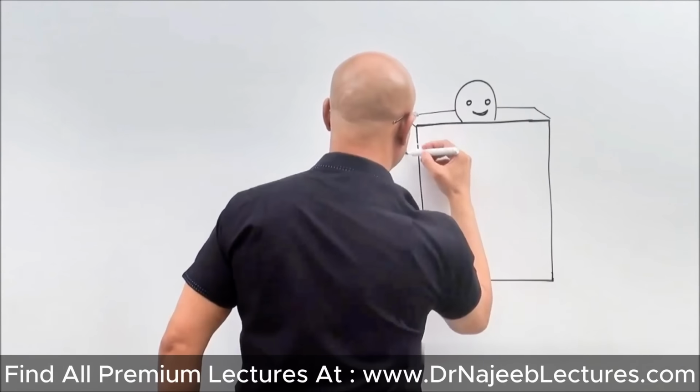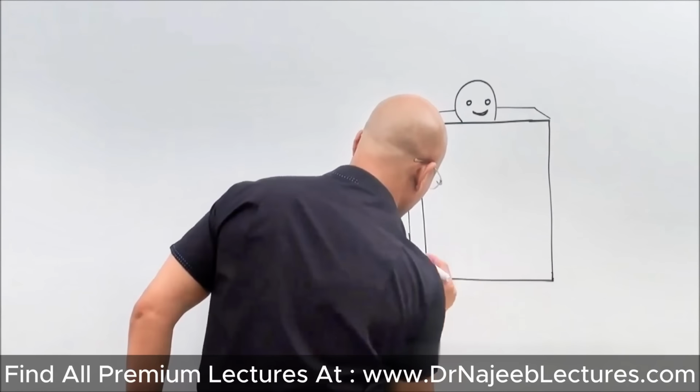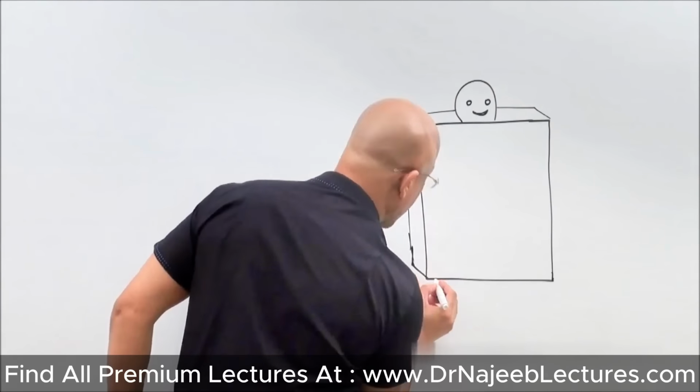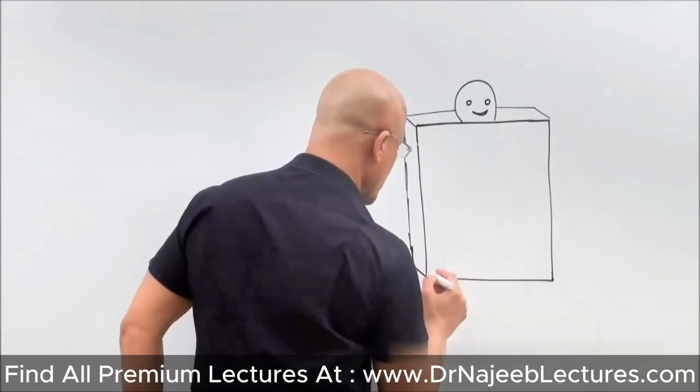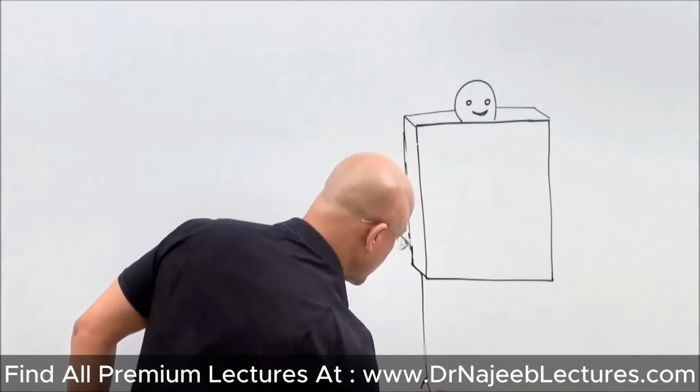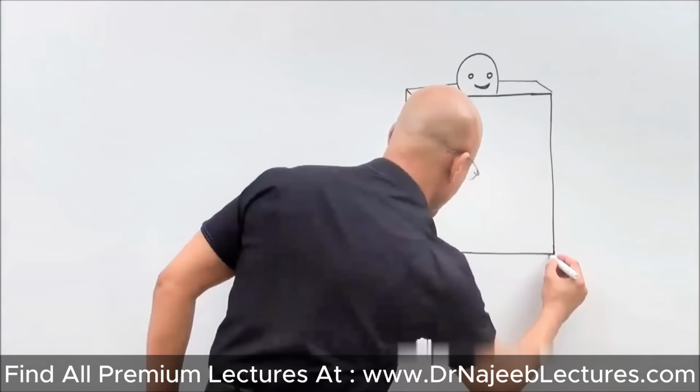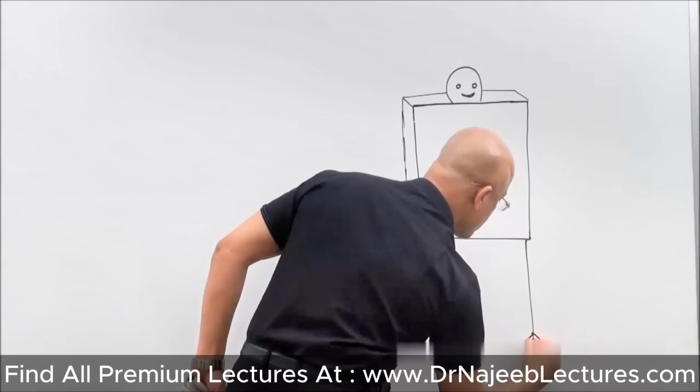Now, this is your frontal plane of the body, which is displayed in this diagram. This is right, left, and up and down. You have beautiful legs, and you have arms too.